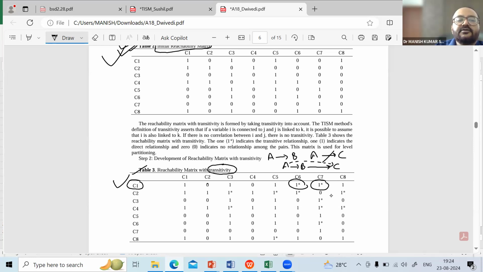C2 is impacting C1, yes. But I'm just telling you how to check the transitivity. As I told you, if A is impacting B and B is somehow impacting C, the relationship will be transitive. Earlier it was a zero relation; there was no relation between C1 and C6.